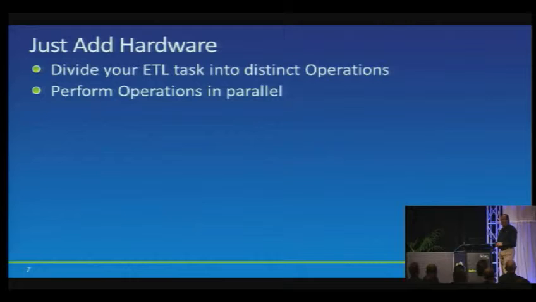So the idea for parallelism is to divide my ETL task into distinct operations. The distinct is important because we should avoid or minimize any kind of overlap between those operations. A classic example in data warehouse is you want all the dimensions to be processed in parallel because they don't really depend on each other. But the fact table, you want it to be in sync after all the dimensions have been processed because you need to pull the new surrogate keys for the new fact table.